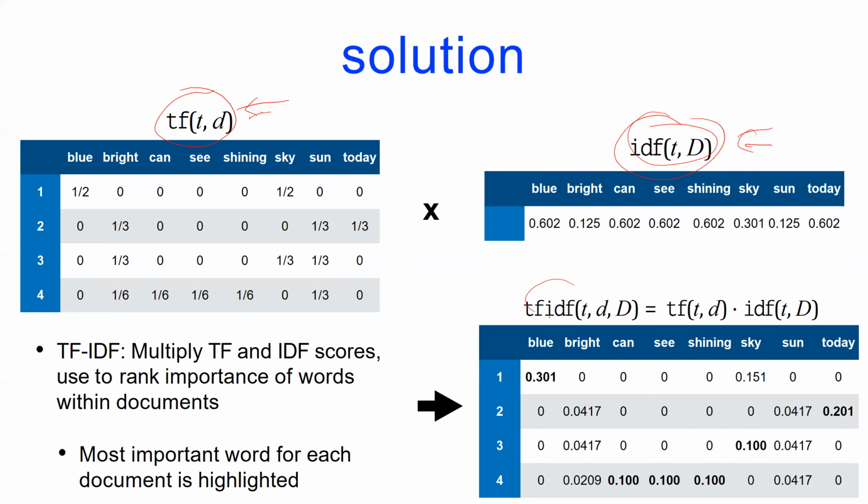You multiply these two together to get your TF-IDF. For blue, 1/2 multiplied by 0.6 gives you 0.3, and so on. You repeat this for each entry in your term frequency.